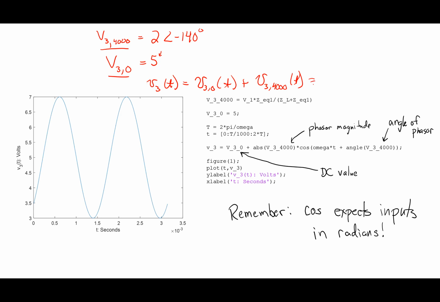So in this case, what phasor goes with this guy here, the 0 frequency term? Well, 5 cosine of 0t, so basically just 5. Okay. What about this guy?